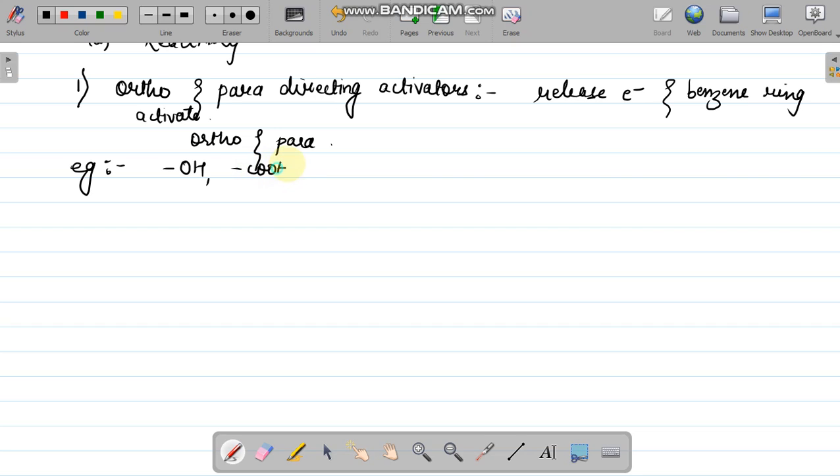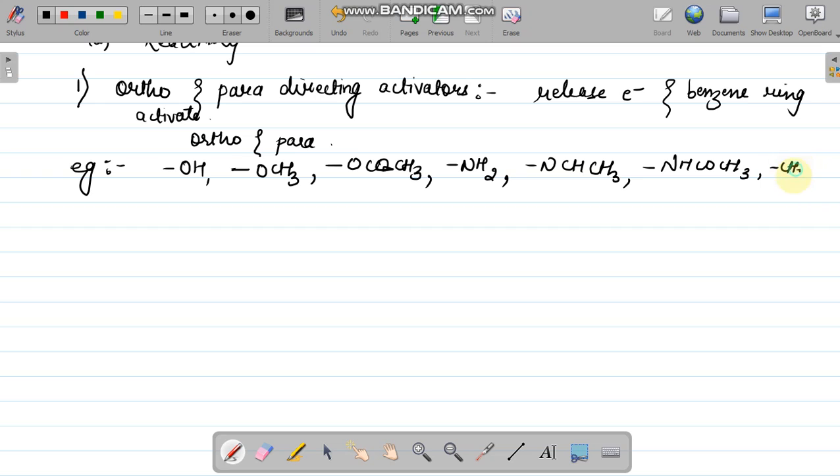OH group, OCH3 group, OCOCH3, NH2, NHCH3, N(CH3)2, NHCOCH3, CH3, etc. If this is our benzene ring and you have an electron releasing group over here, then the second substituent can come over here and over here.